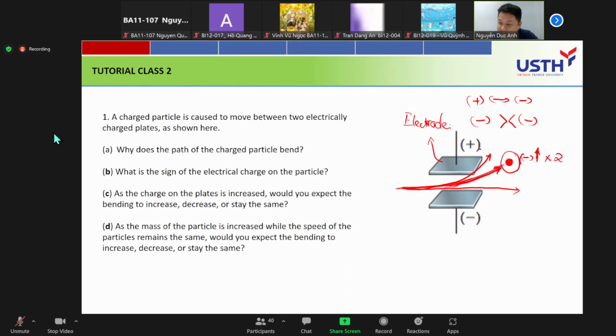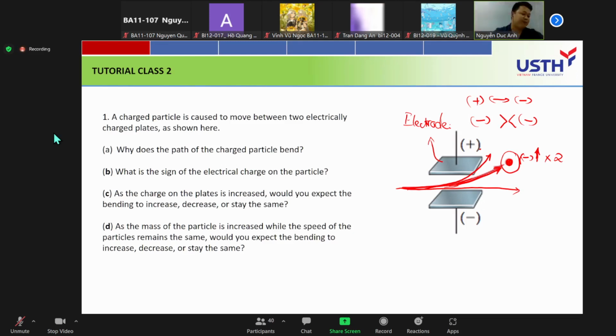In what case will that particle stay the same in bending? It has to answer.